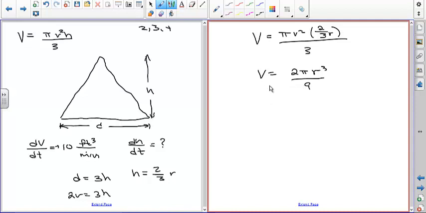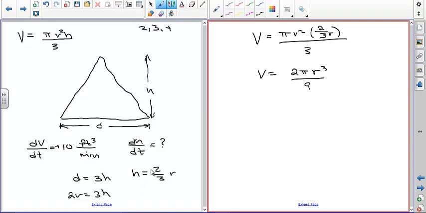So what do we do? Now we've done the geometry. The next thing is to take the derivative of that expression with respect to time, to relate the rate of change in volume to the rate of change in radius. They ask for height, but once I get the radius, I can relate that as well.